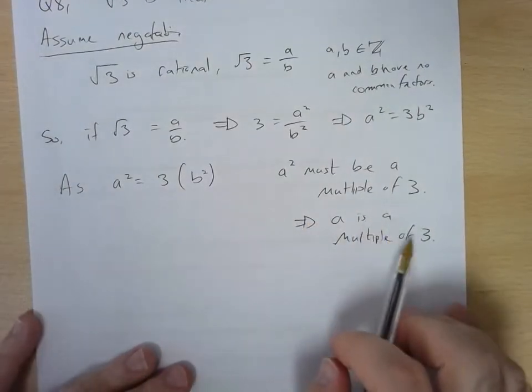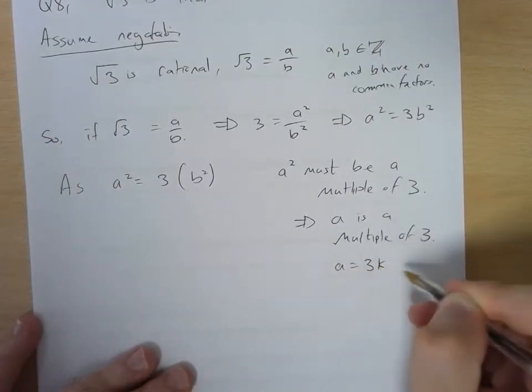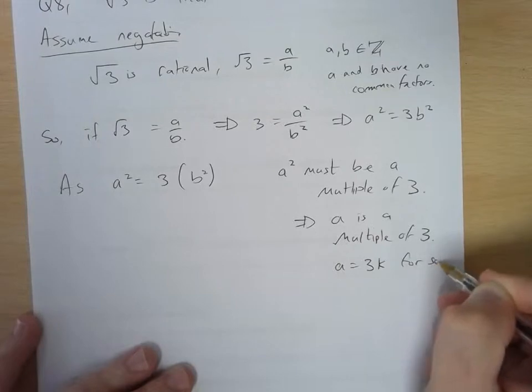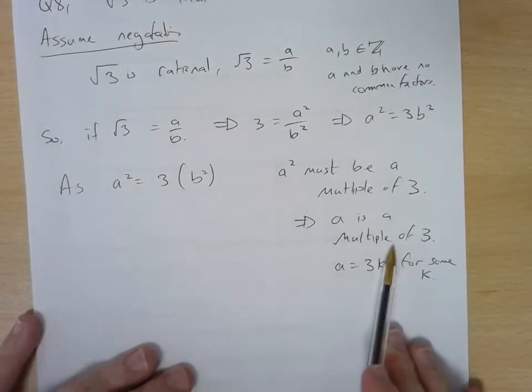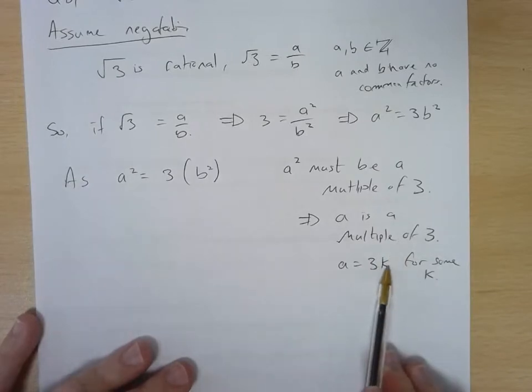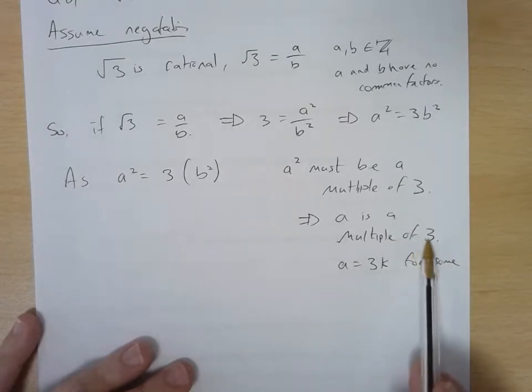What we're going to do now is make this a equal 3k for some k. So if a is a multiple of 3, we can write it as 3k. So if a is 6, k will be 2. If a is 18, k will be 6. If a is 17, well, it can't be 17 because it's not a multiple of 3.